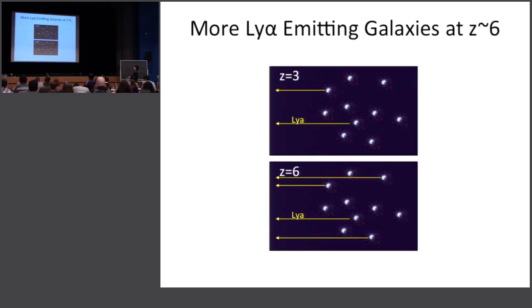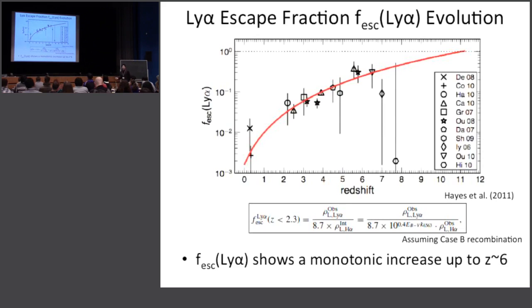At redshift 3, about 1/10 of the dropout galaxies are showing Lyman-alpha, but at redshift 6, about a half of the Lyman break galaxies are showing Lyman-alpha emission line. So it is a significant evolution. And of course, this evolution is also quantified using the Lyman-alpha escape fraction.